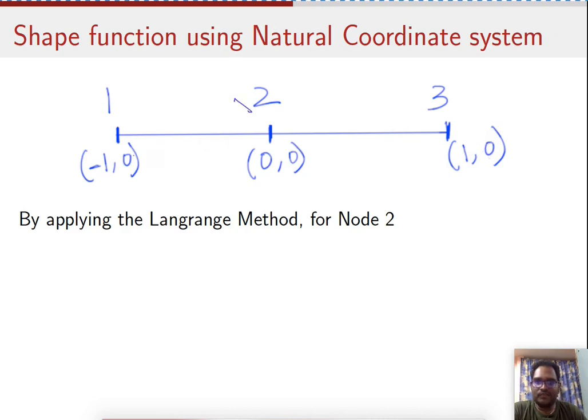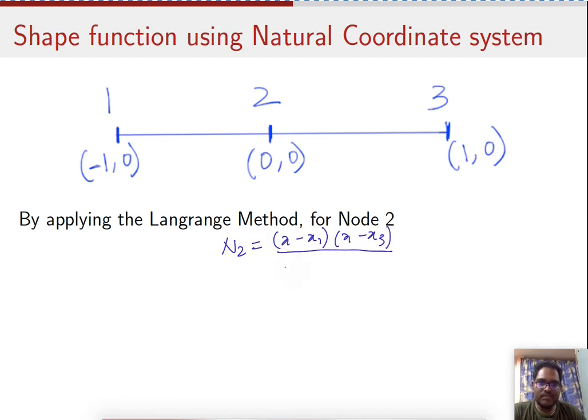So N2 is what we are going to consider, which means we are not going to have the term x2. So it is x minus x1 into x minus x3, and in the denominator just replace the term x with x2 because it is for the second node. So x2 minus x1 into x2 minus x3.